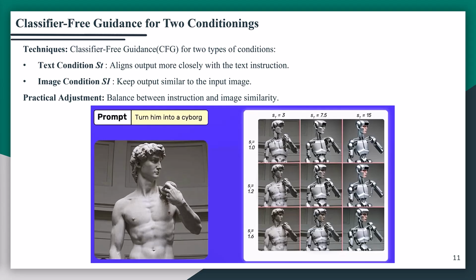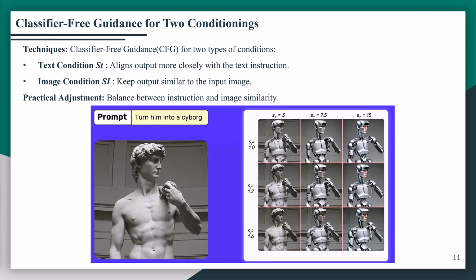We have two key settings here, ST and SI. ST for text guidance and SI for image guidance. ST pushes the model to align more with the text instruction, and SI keeps the output similar to the input image.